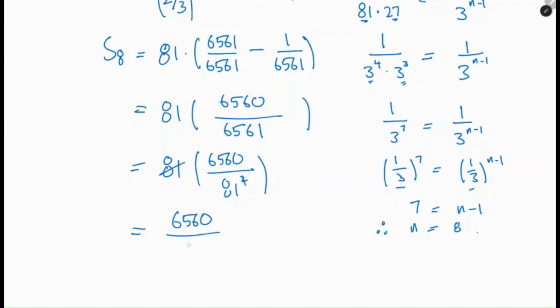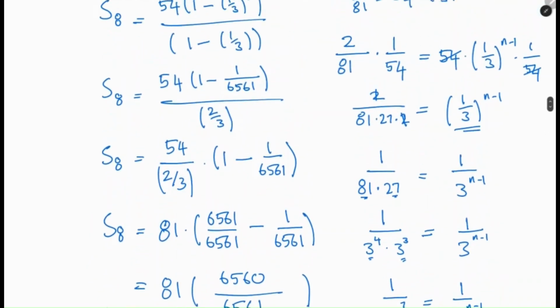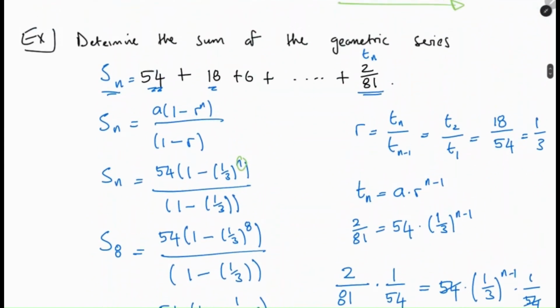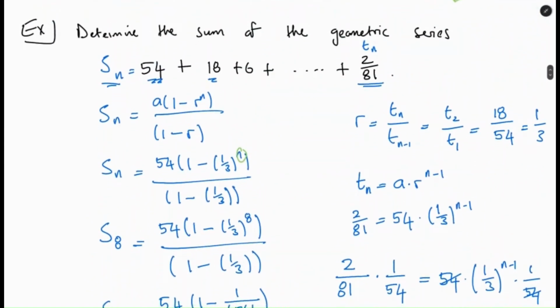I think it's okay to leave it in this form. So this right here is the sum of this particular geometric series. And that brings us to the end of this worked example.